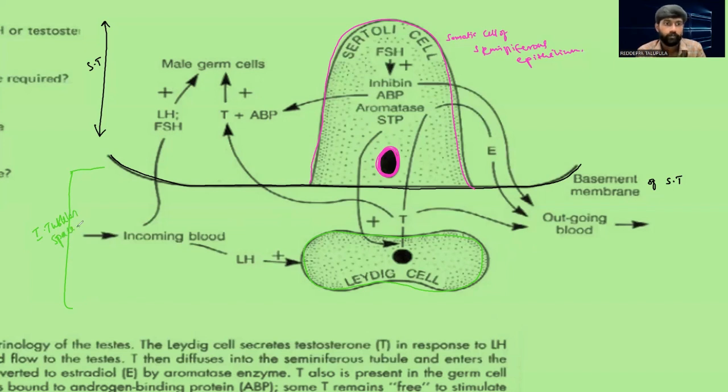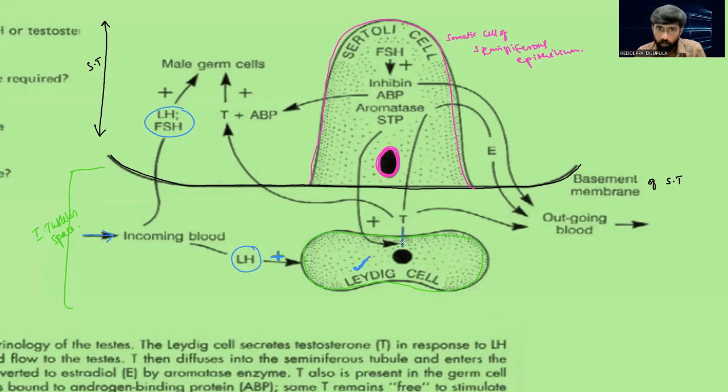Okay, now the mechanism. By the incoming blood, the gonadotrophins LH and FSH come. Okay. Now see, LH shows a positive effect, that means a promoting effect, on the Leydig cells.